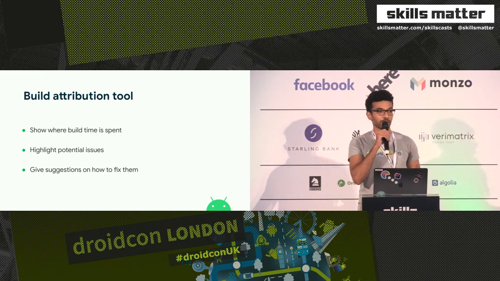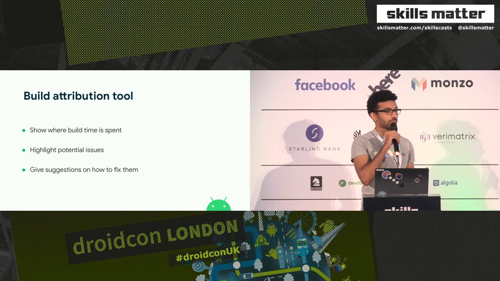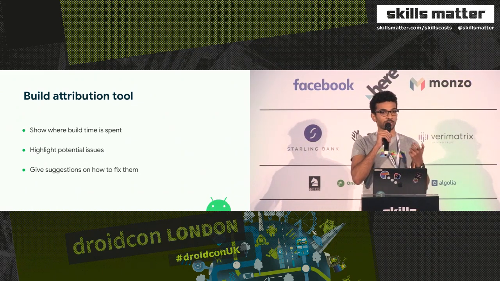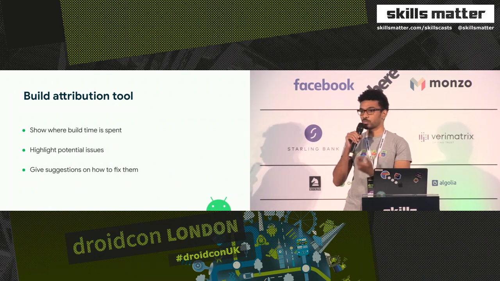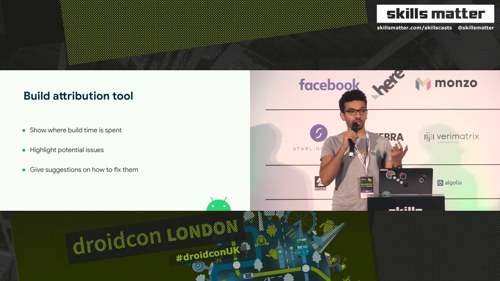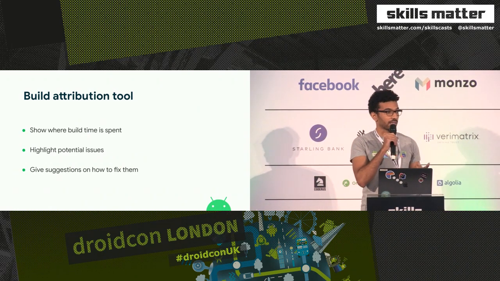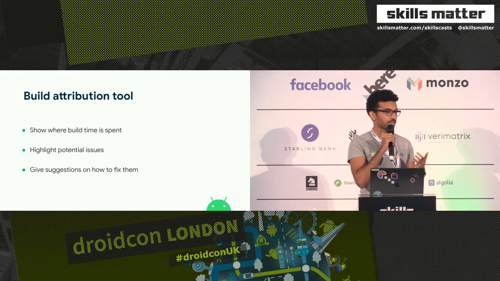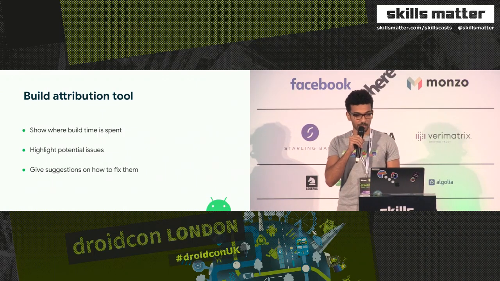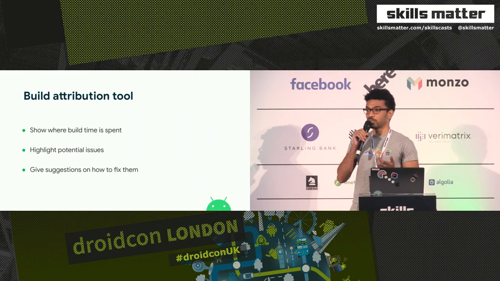So basically, Build Attribution is a tool that breaks down the build for you. It shows you exactly where the build time was spent, which plugins did run, which tasks did run, and why these tasks did run, and other things that Maksim will talk about in detail. It doesn't only show you where the build time is being spent, but also it tries to find potential issues or problems with your build that are blocking your build from being faster.